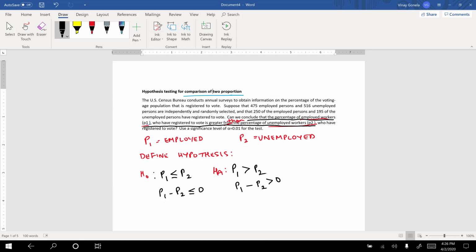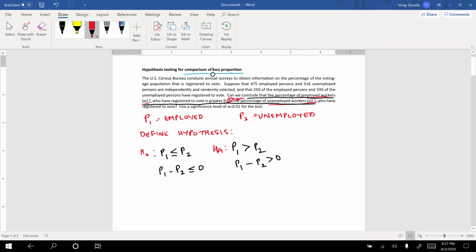So once we have the hypothesis, we have a set of data that is given. So this is all given.